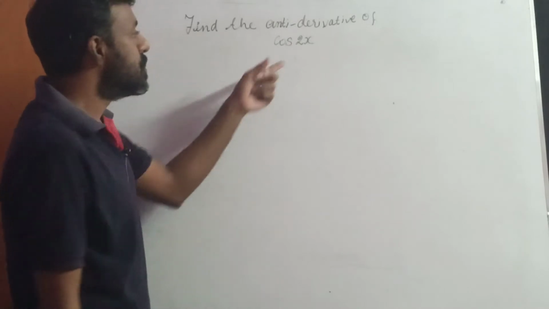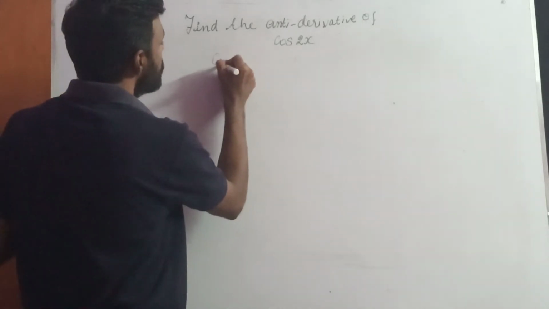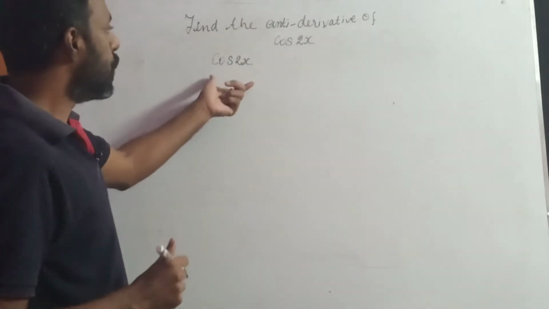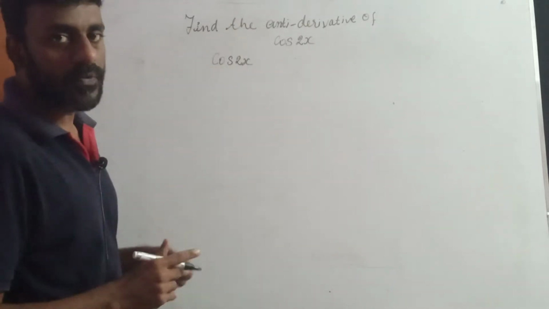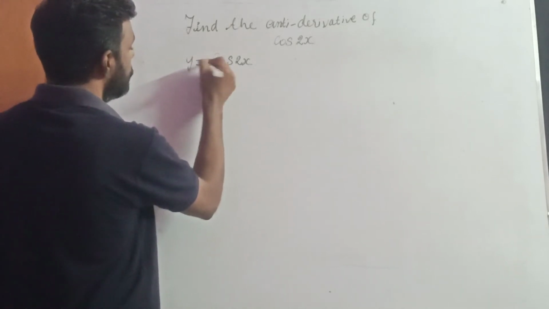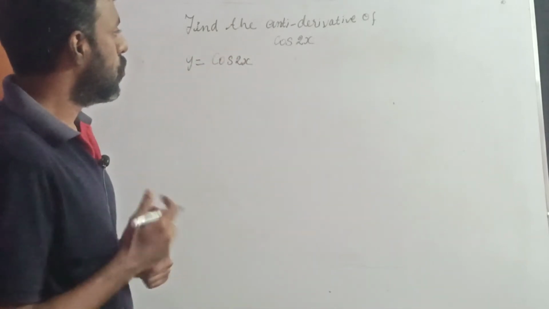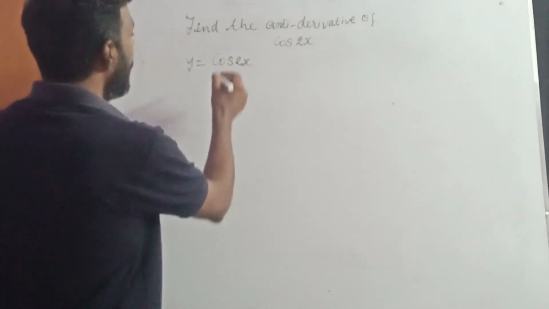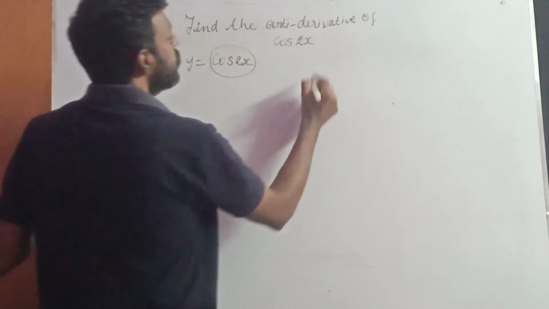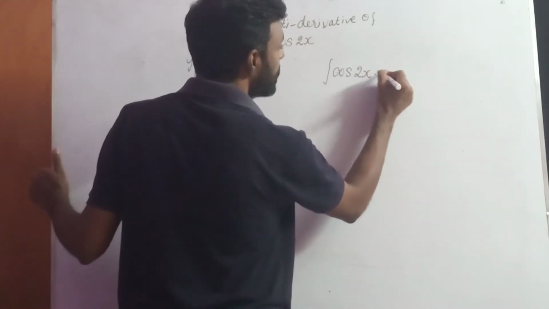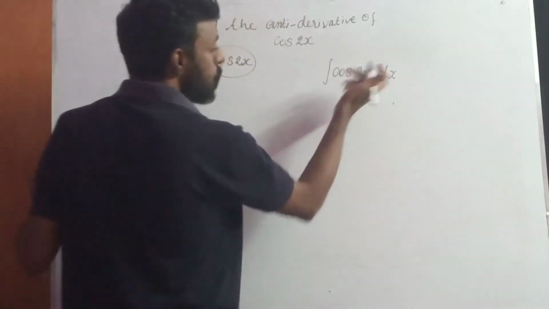Cos 2x. So I have this term cos 2x over here. If I want to find the antiderivative of this one, I don't know how to find it directly. So what will happen if I integrate this portion? Let us assume the integral of cos of 2x dx.